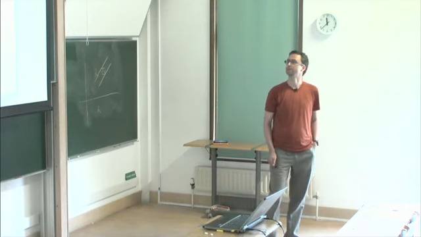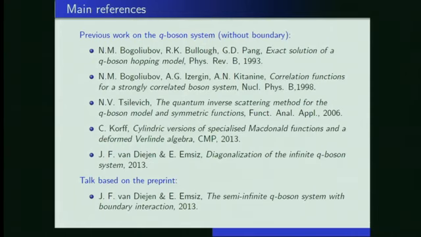The first really detailed treatment of this system was in the second paper by Bogolyubov, Izergin and Kitanine, and they proved that this system is integrable using the quantum inverse scattering theory. And they also derived the eigenfunctions and the spectrum using the algebraic Bethe ansatz. They studied the system on the finite periodic lattice.